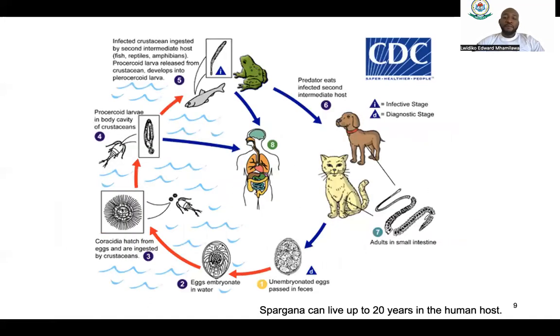This is a life cycle of the disease of sparganum, and it's important to note that a sparganum can live in the human host for up to 20 years without getting out.